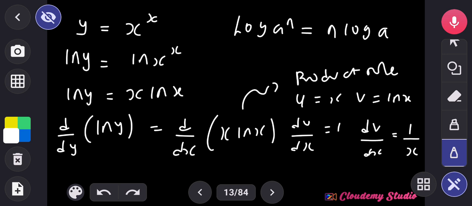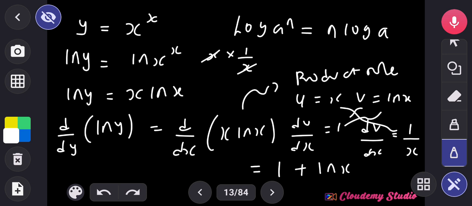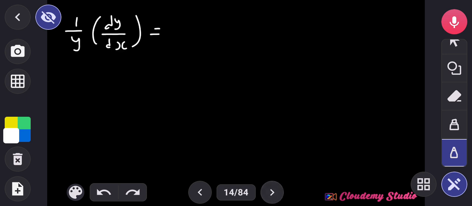So I multiply and I'm going to have x multiplied by 1 over x, that will be equal to 1 because x multiplied by 1 over x cancels x, plus 1 multiplied by ln x, that will be ln x. So in differentiating this side, I have 1 plus ln x.